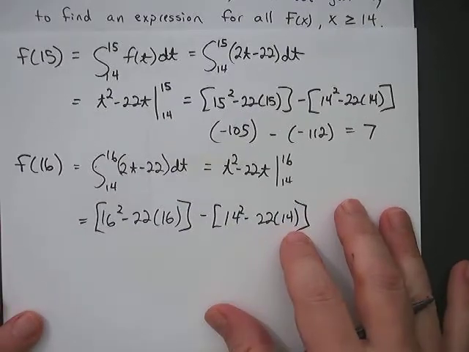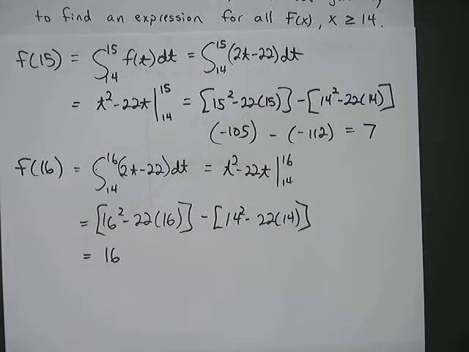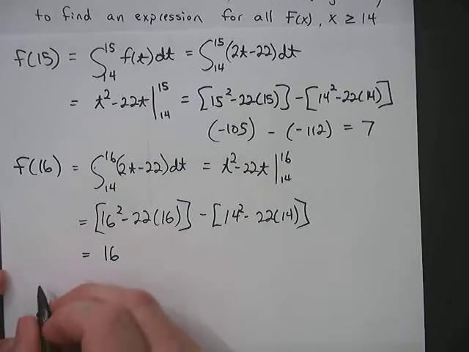If you work all that out, you are going to get 16 as an answer. I'll let you plug that into your calculator yourself. So F of 16 is equal to 16. The last thing that we want to do on this problem is figure out what the formula is for F of x.